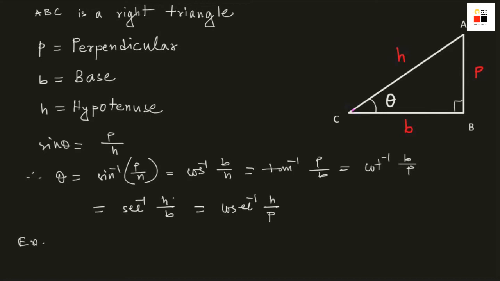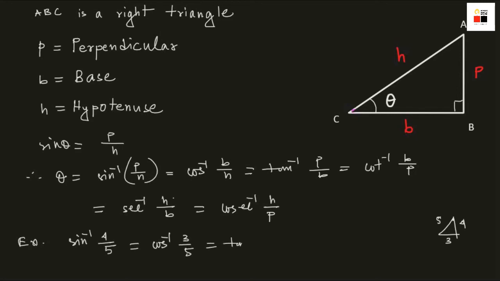Example, if there is a problem with sin inverse 4 by 5, we can take a right angle triangle whose hypotenuse is 5 and perpendicular is 4. Therefore, base will be 3. This is equal to cos inverse 3 by 5.